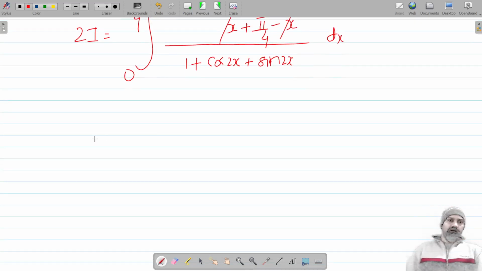This gets cancelled, and finally we have 2I is equal to pi by 4 out, with limits 0 to pi by 4.